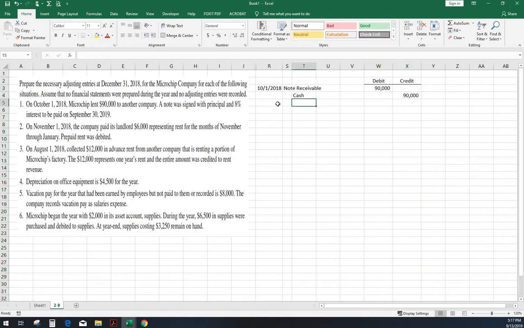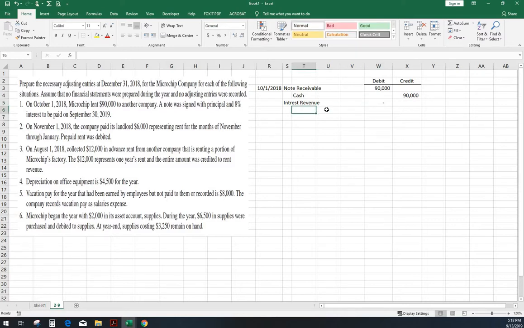Okay. Now, at the same time that we lent out that money, we also created the possibility to earn interest. So we got interest revenue, but on the 1st of October, we didn't get any interest revenue because we just loaned out the money. So that's zero.